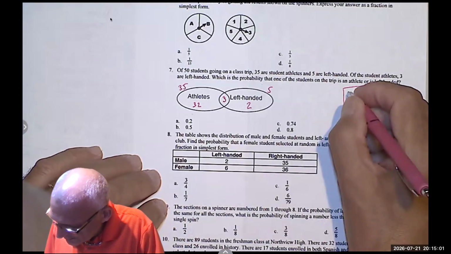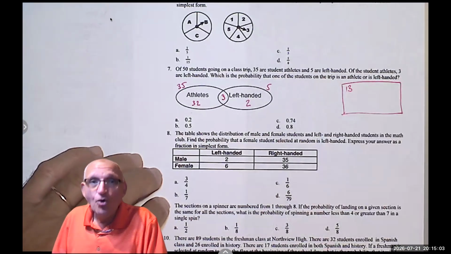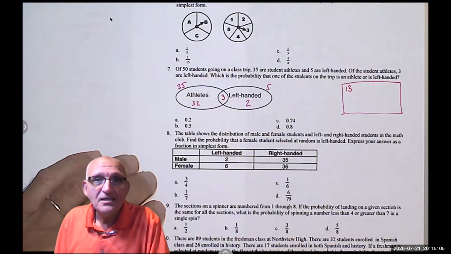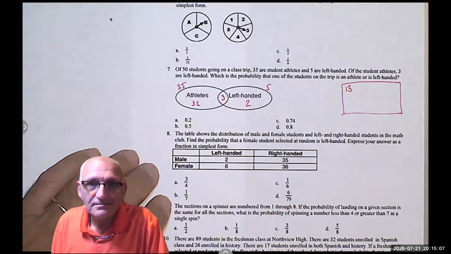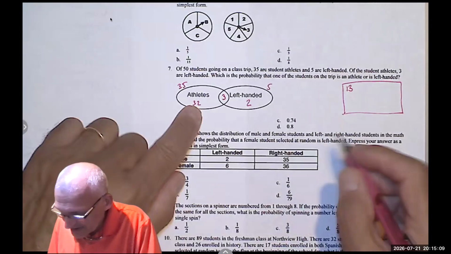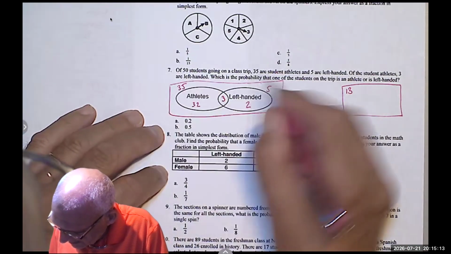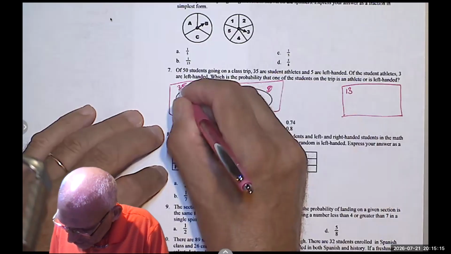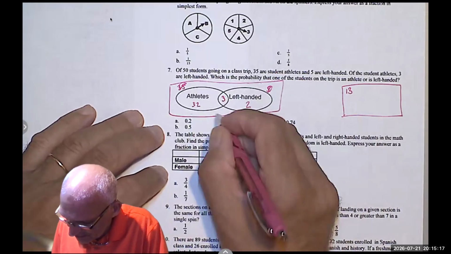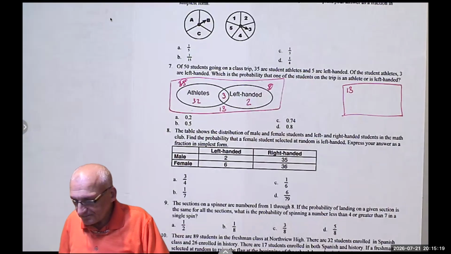That means there are 13 students who are right-handed but not athletes, which are outside of that. So if I make another rectangle, I don't need those because they are inside, and outside there are 13.